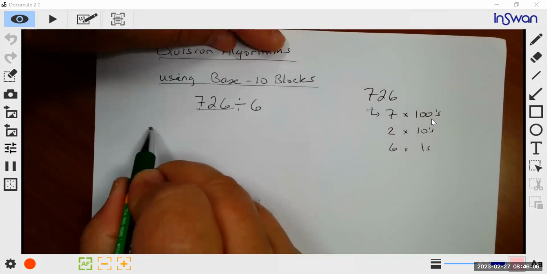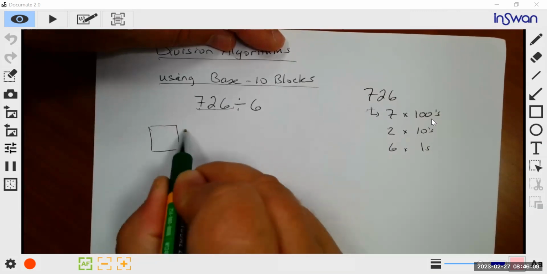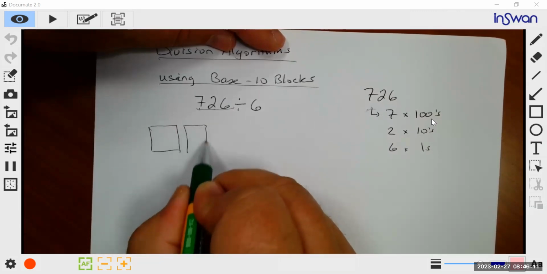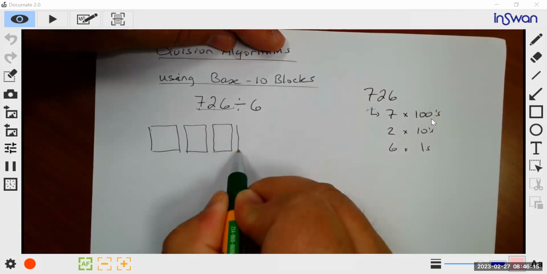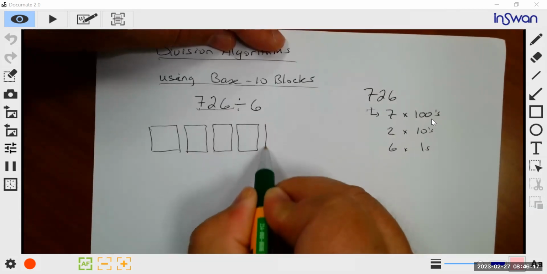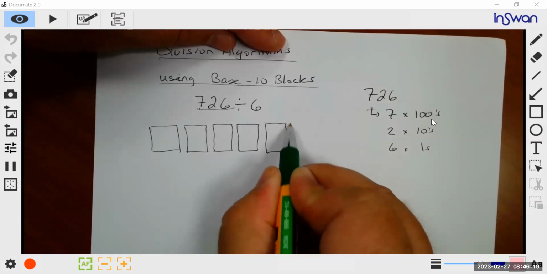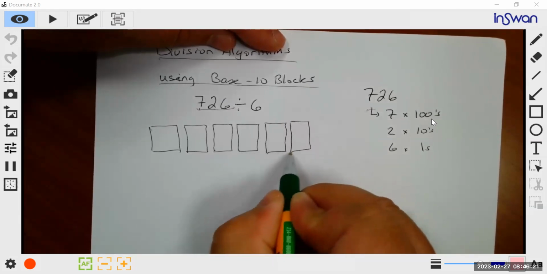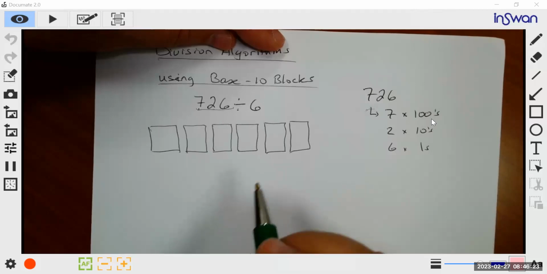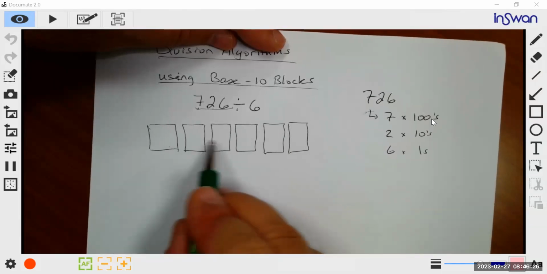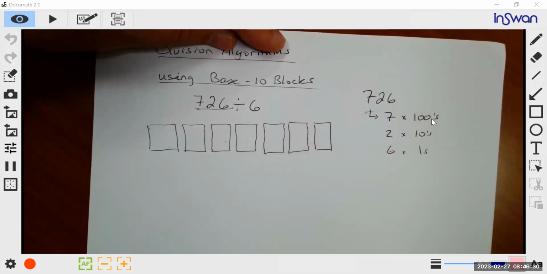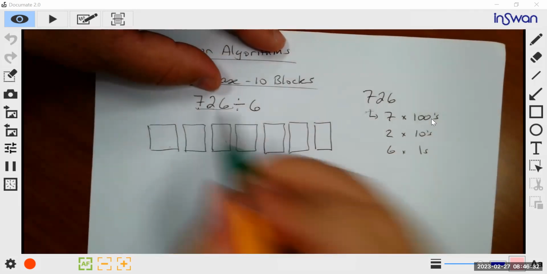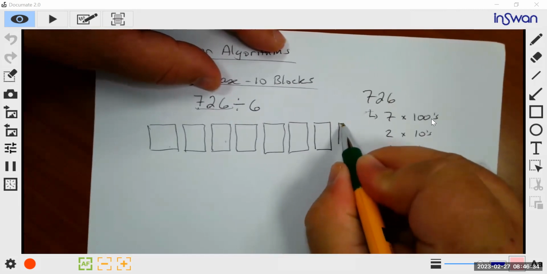So the 100s are those blocks. So 1, 2, 3, 4, 5, 6, 7. There's 700. The 20, those are 2 bars.